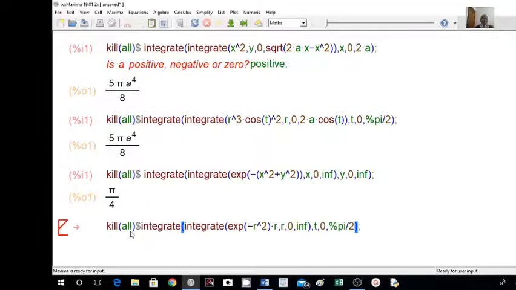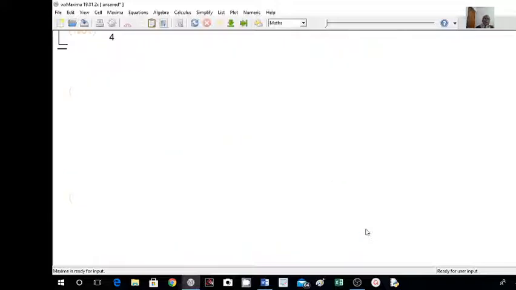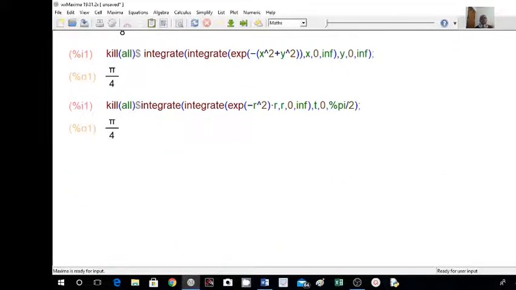Kill all, dollar, integrate e to the power of minus r square into r, where r ranges from 0 to infinity, and then integrate with respect to theta, where theta ranges from 0 to pi by 2. If I execute this program, I get pi by 4.